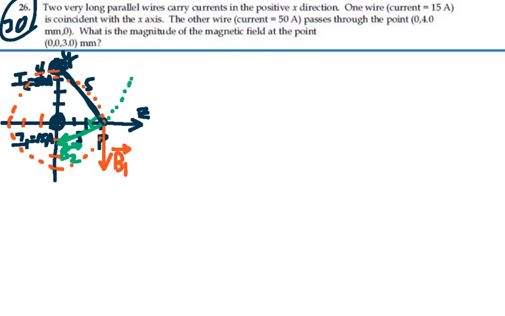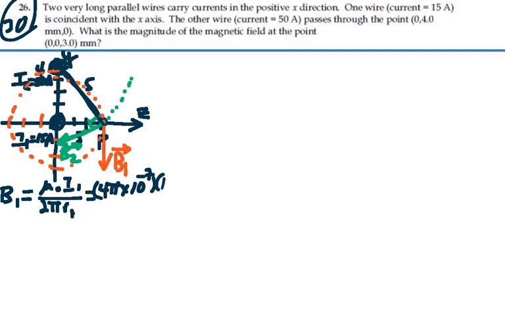Alright, sounds good. Let's find the magnitude of these two fields. They're both infinitely long wires, so B1 is going to be equal to mu naught I1 over 2 pi R1, and that's going to be 4 pi times 10 to the minus 7 for mu naught, I1 is 15 amps, over 2 pi, times R1, which is 3 millimeters.